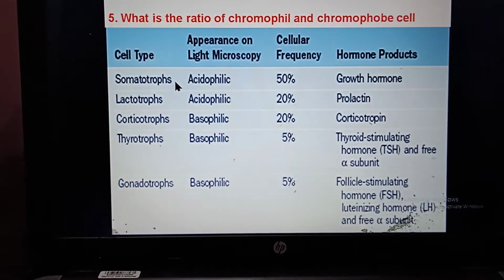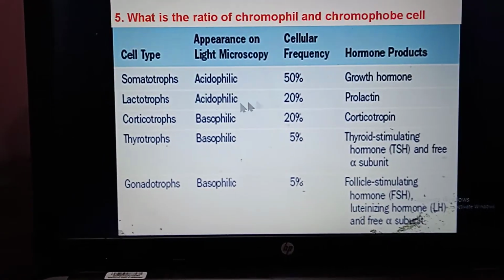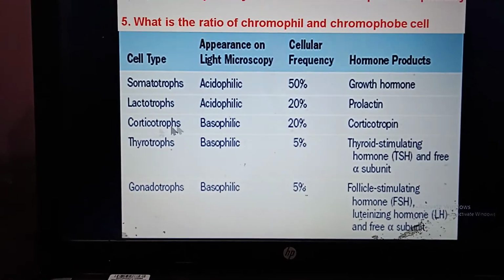Acidophilic cells are somatotrophs and lactotrophs. Somatotrophs secrete growth hormone, whereas lactotrophs secrete prolactin.